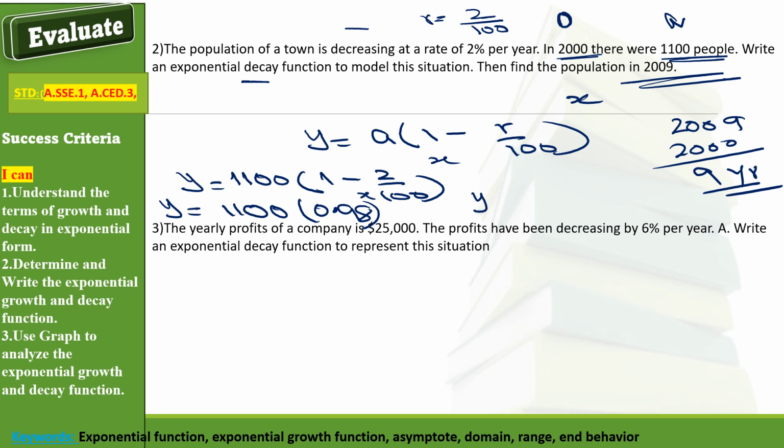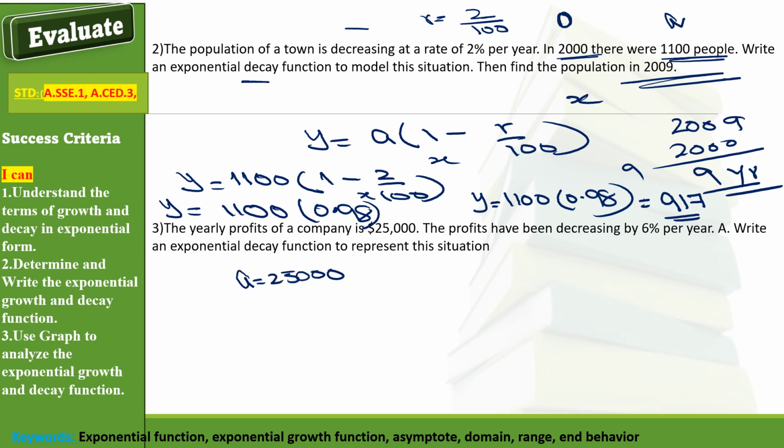So I will write here y equals 1100 times 0.98 whole to the power of 9. Make sure that you interpret the value correctly. 0.98 whole to the power of 9 is 917, sorry, but they are the number of people, so I will just write 917.